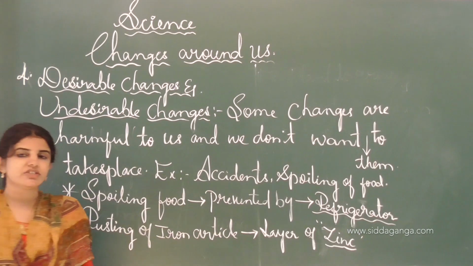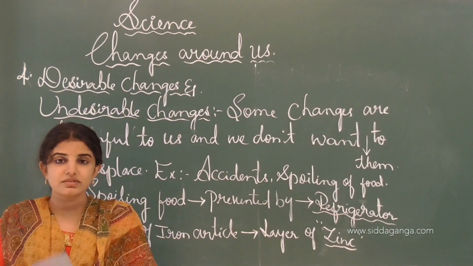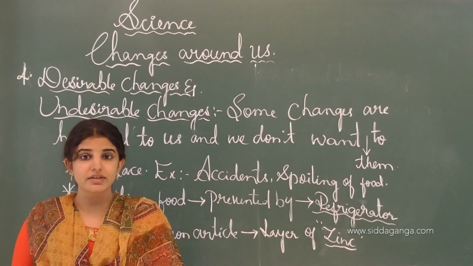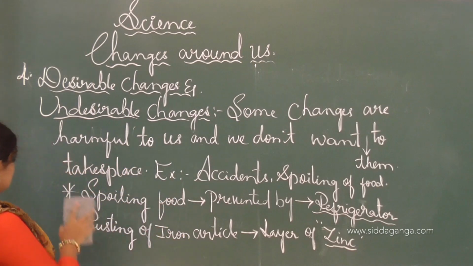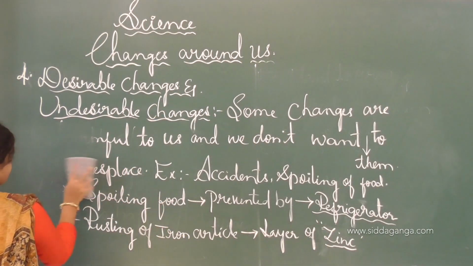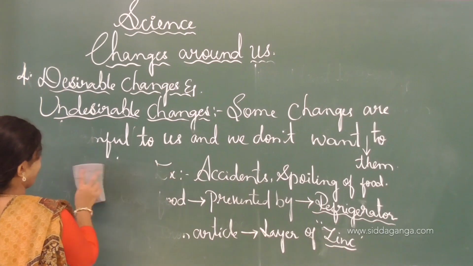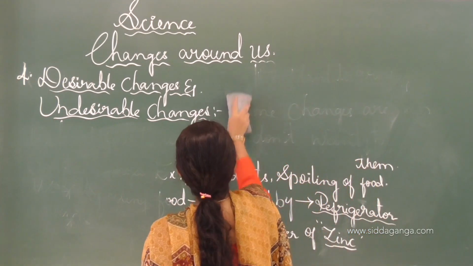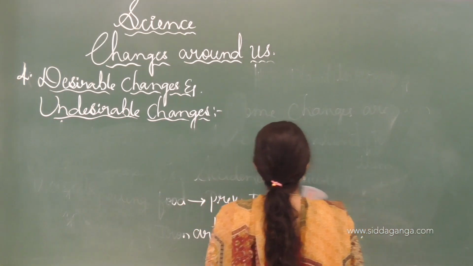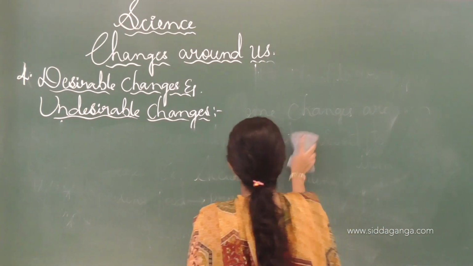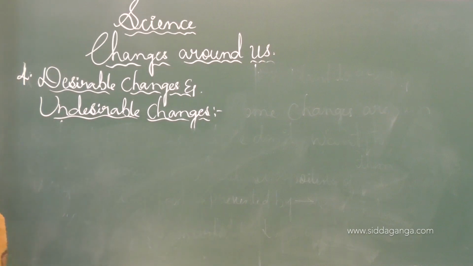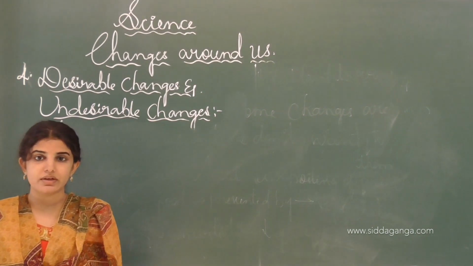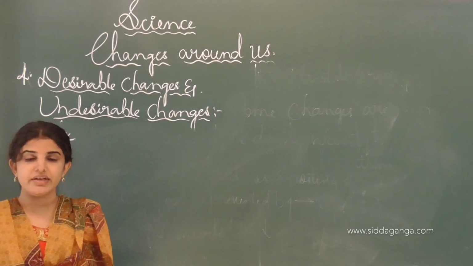Some of the changes are desirable at some time, whereas the same thing is undesirable at another time. For example, while cooking we want fire so that the rice will become boiled.